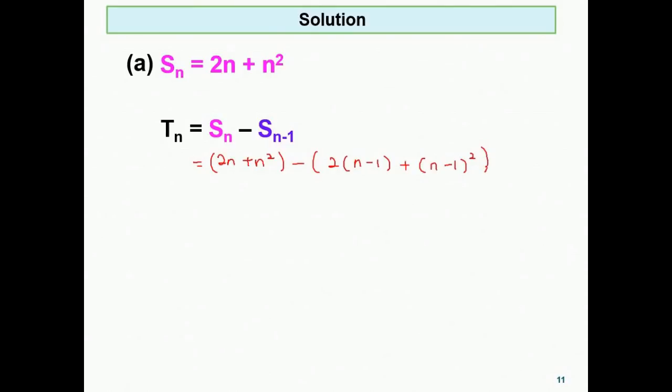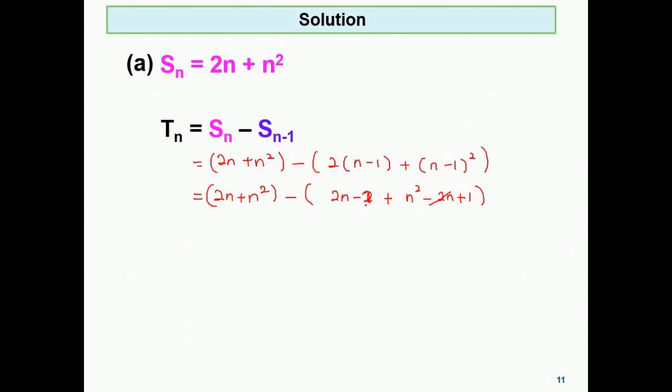Now simplify this expression, then we have 2n plus n squared minus, simplify in the bracket first, so we have 2n minus 2, plus expand (n minus 1) all squared, then we have n squared minus 2n plus 1.